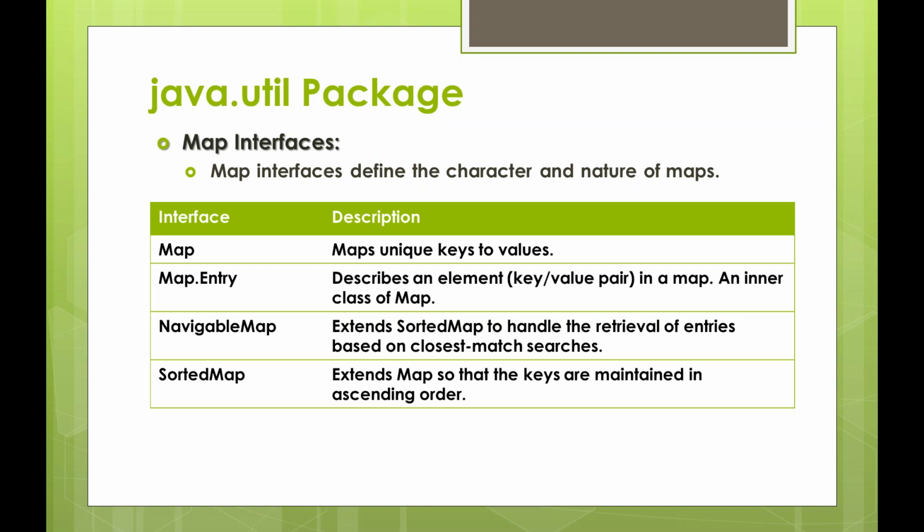That means if you compare this map with any of the collection objects, for example a set, a set can have one particular type of object that you pass as a type parameter when creating the object, right? For example, say you are creating a set of strings.